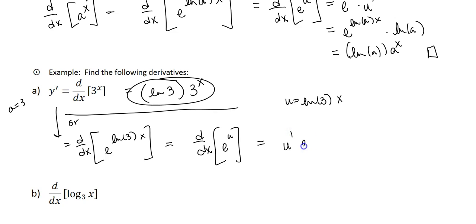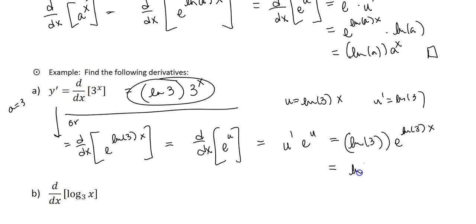So u prime is the natural log of 3, and this would be the natural log of 3 times e to the natural log of 3 times x, or natural log of 3 times 3 to the x. Either way, you get the same answer. It's just whether or not you have the formula learned.